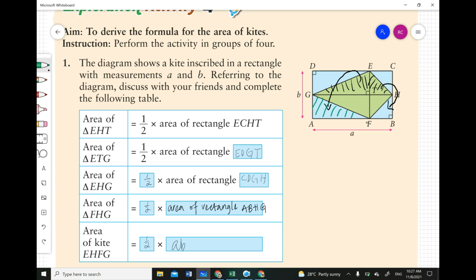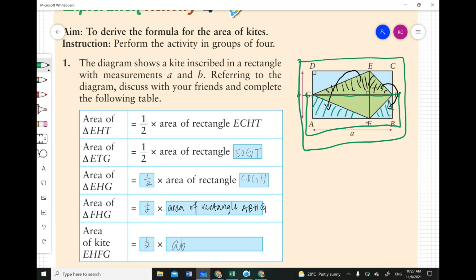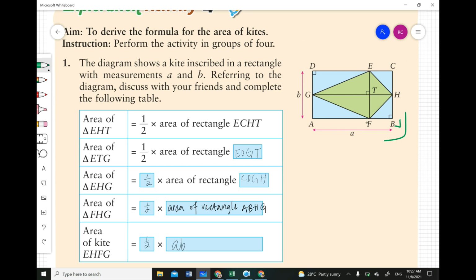So this is the part here, which means the kite is half of the whole rectangle. Can you see that? Yes. So simple. You just need to know the formula for a kite is 1/2 times the length of the rectangle A multiplied by the height B. It's also the same as the formula to find out the triangle.